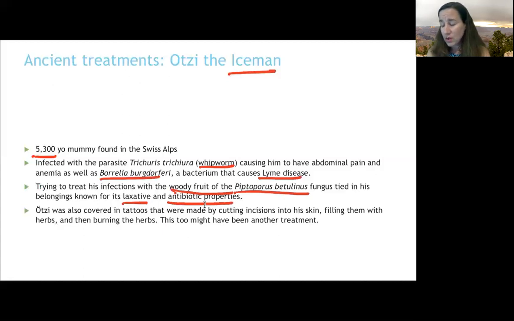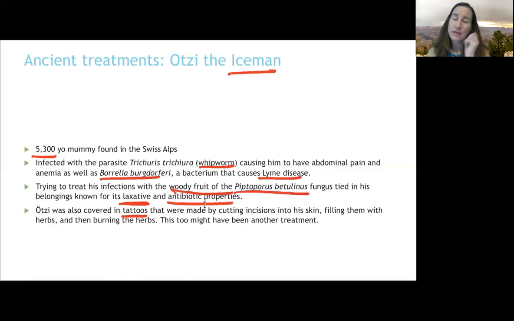So that's super cool, that we know they were doing this for sure over 5,000 years ago, that people were trying to treat themselves with what they knew at the time was working. Antibiotic properties to combat the infection, the Lyme disease, and laxatives to get rid of those worms in his belly. He also had tattoos.